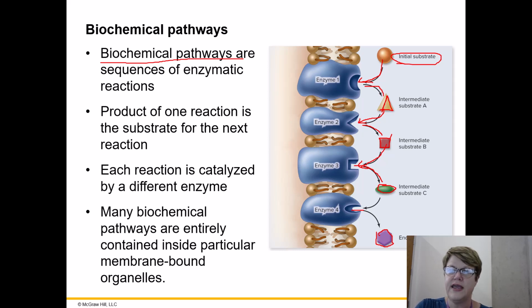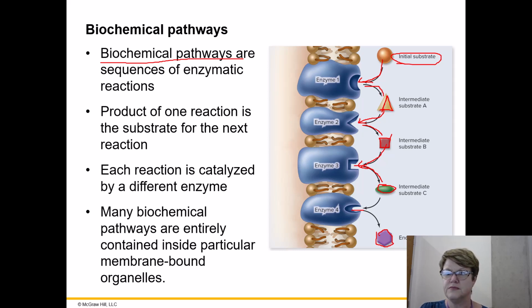By having these enzymes located in particular places in the cell, it controls where the pathways are able to take place. So the enzymes are located in whatever space the reactions need to take place.